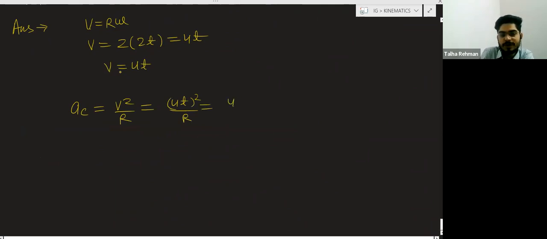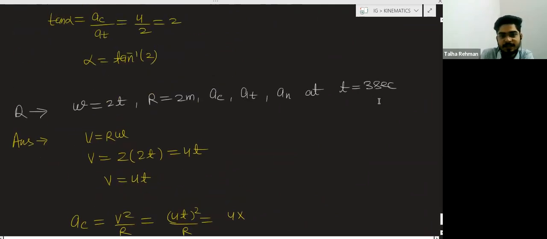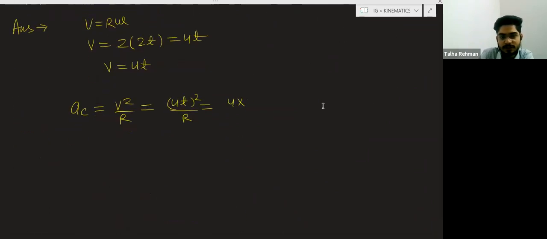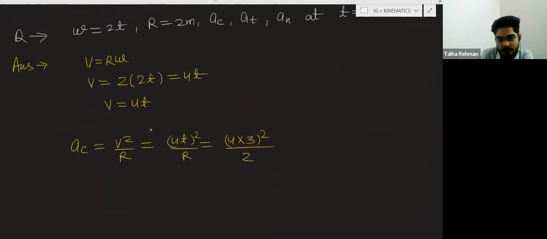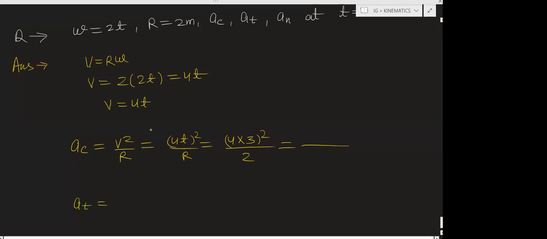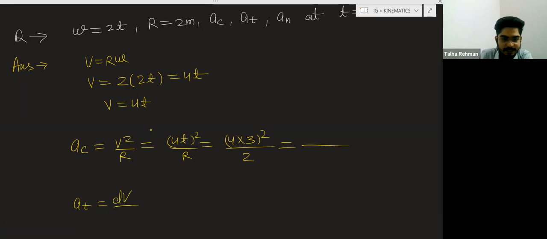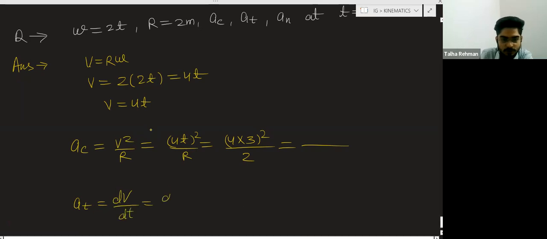Okay. So put the value of t. At t is equal to 3 seconds we have to find. So this is 3, and the square, what is the radius? Radius is 2. Okay. 144 by 2. You can find the tangential acceleration dv by dt. So differentiate the velocity given.